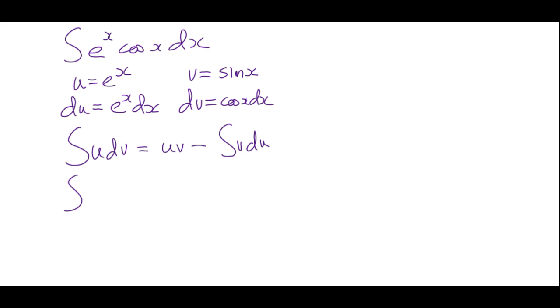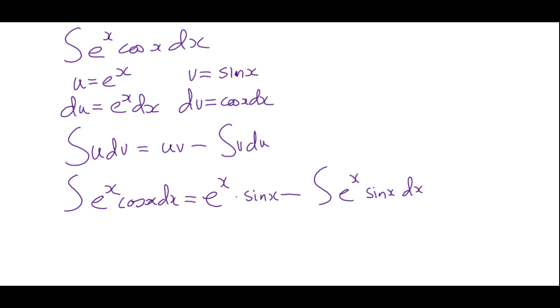So the integral of u, so e to the x dv cos x dx is equal to u e to the x times sine x minus the integral of v, which is sine x, times e to the x dx. So let's write that as e to the x sine x dx. Right, a little less ambiguity that way.